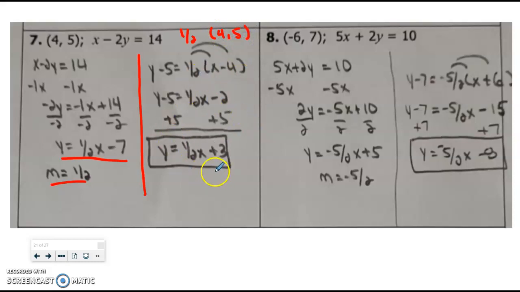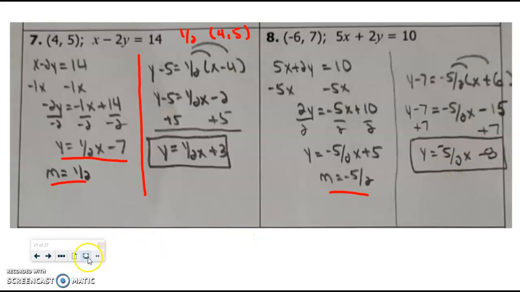When you did that, you should have gotten the equation y equals 1/2 x plus 3. With the last one, you had to solve for y. When you got y by itself, you got negative 5/2 x plus 5, so your slope turned out to be negative 5/2. And when you solved, you should have gotten y equals negative 5/2 x minus 8.